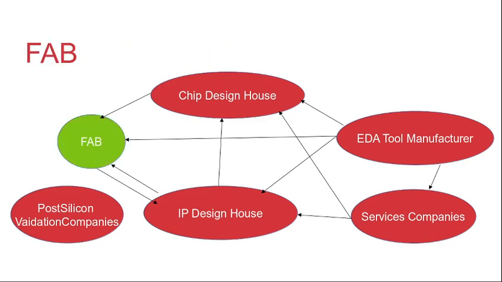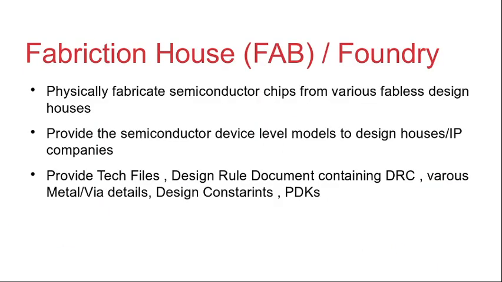Fab is also called a foundry. So what does a foundry do? The fabrication house, or foundry, physically fabricates the semiconductor chips from various fabless design houses. It also provides the device level models to the design house or the IP manufacturers.